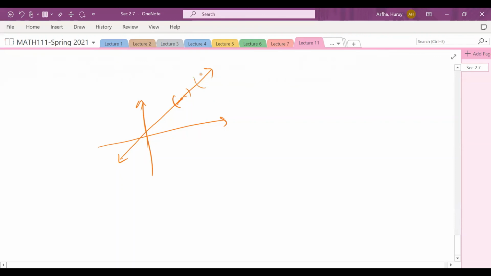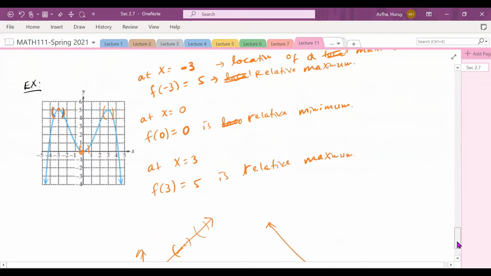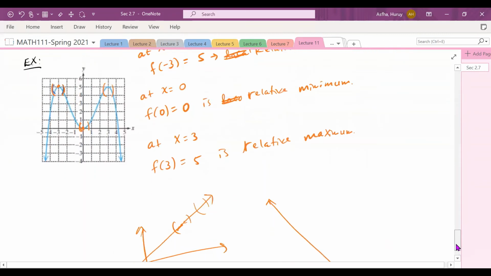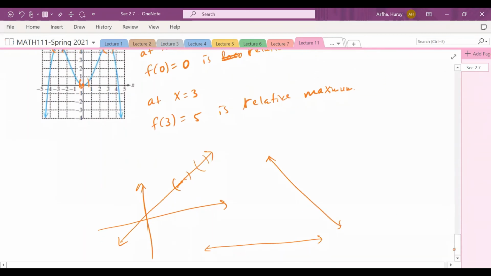Again, if you take somewhere in here, it's the same idea. Even if you have a graph like this one, again, there is no local maximum or local minimum. Or even a horizontal line like this one, because all the values are equal. Therefore, we have cases where we don't find a local minimum or local maximum. All right, so this is all for this lecture, and see you in the next lecture.